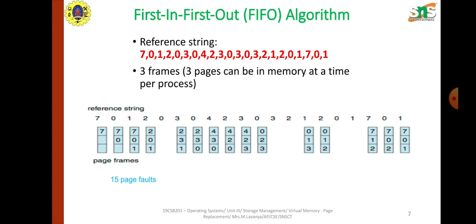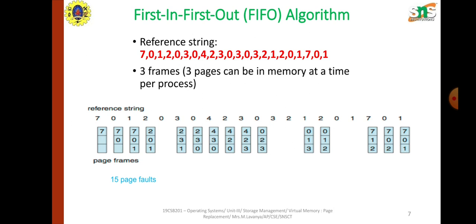The next arrival string is 0. Here, 1 is the first arrived string, so we are replacing 1 with 0. Then the next arrival string is 1. In 7, 0, 2, 2 is the first arrived data. So we are replacing 2 with 1.